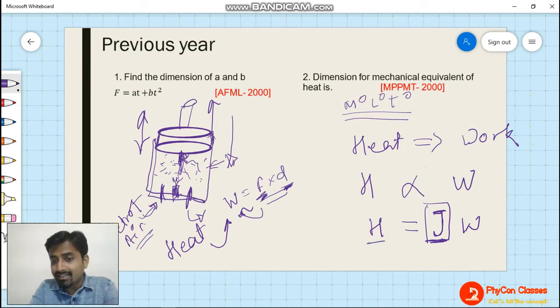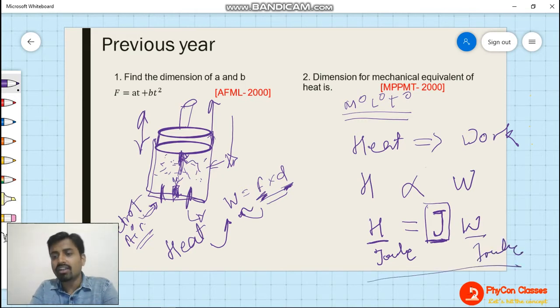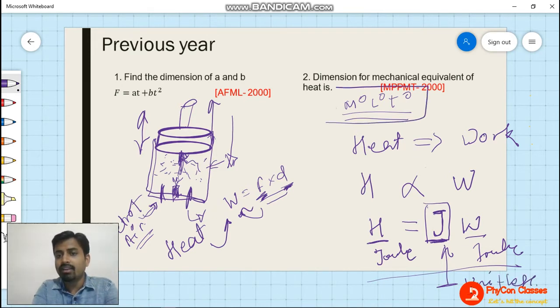Clear? Heat has the unit of joules, work also has the unit of joules. So from this equation, we can directly say that the mechanical equivalent of heat, capital J, is unitless or dimensionless. If it is dimensionless, the answer will be M0, L0 and T0. I guess you have understood this.